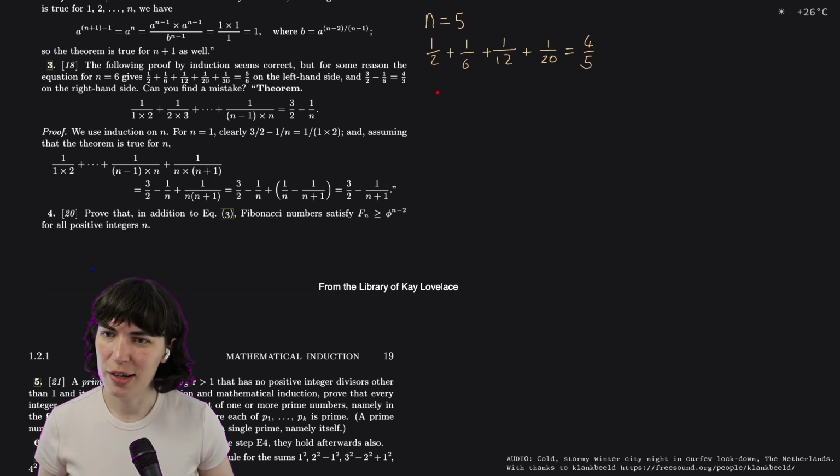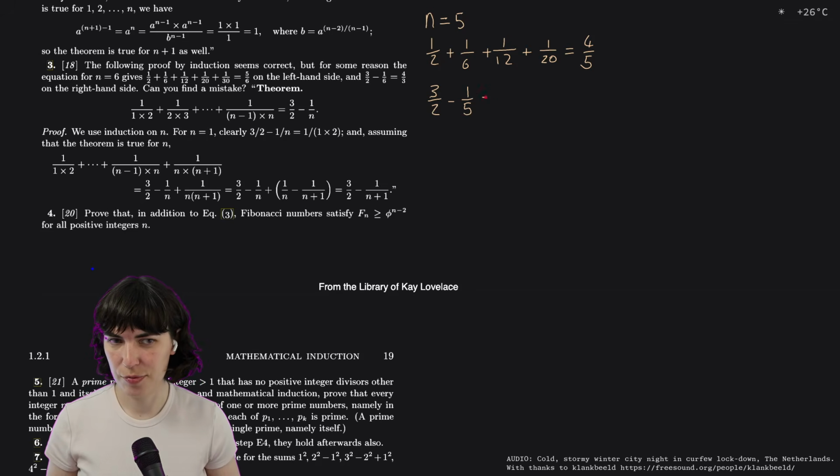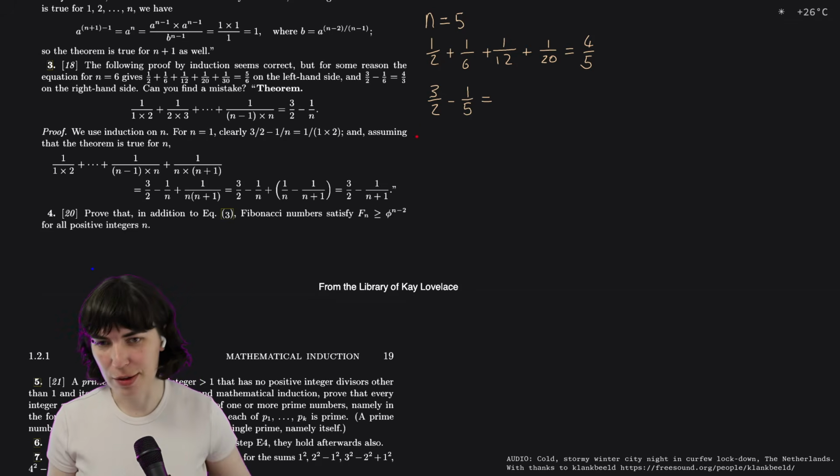And then the right-hand side, that's going to be 3 over 2 minus 1 over 5. Now that is not true either.